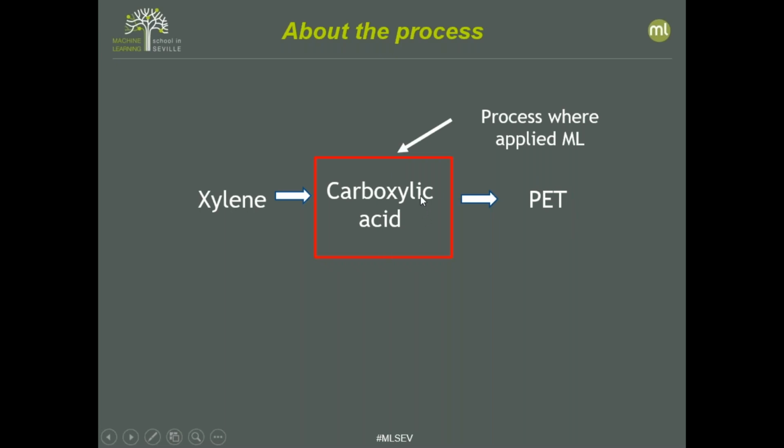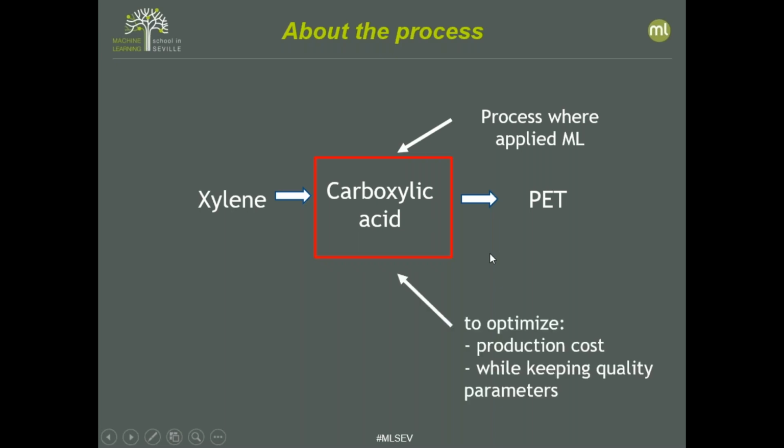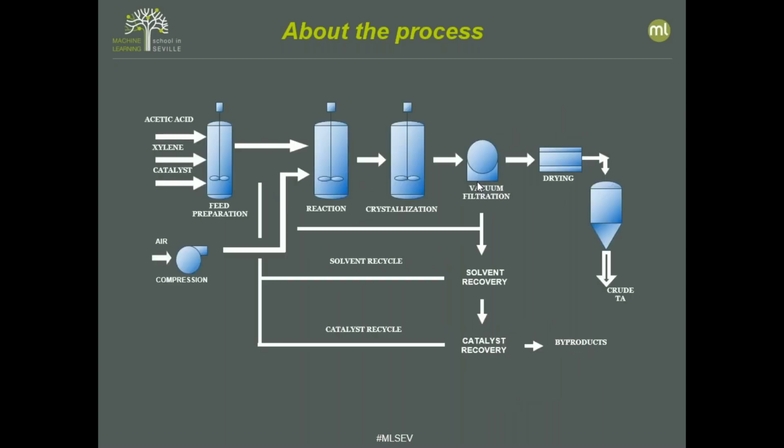This is the carboxylic acid process that we will look through a simplified block diagram in the slides coming now. Where we want to optimize is at this step, in order to reduce the production cost while keeping the quality parameters.